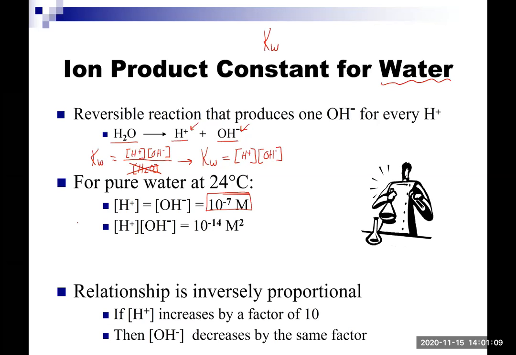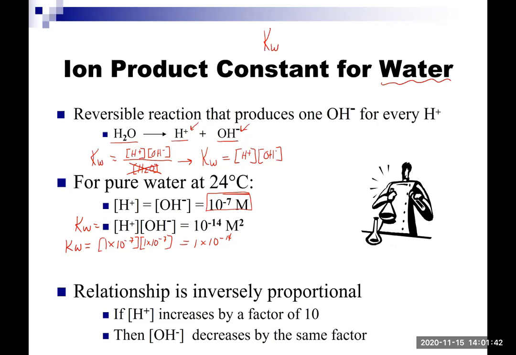And that's what we have right here. And so if the concentration of H plus at room temp is 1 times 10 to the minus 7, and the concentration of OH minus at room temp is 1 times 10 to the minus 7, that means that we do the math and we get 1 times 10 to the minus 14. And that equals Kw.